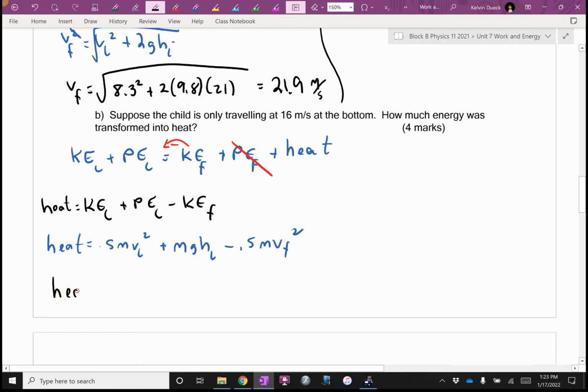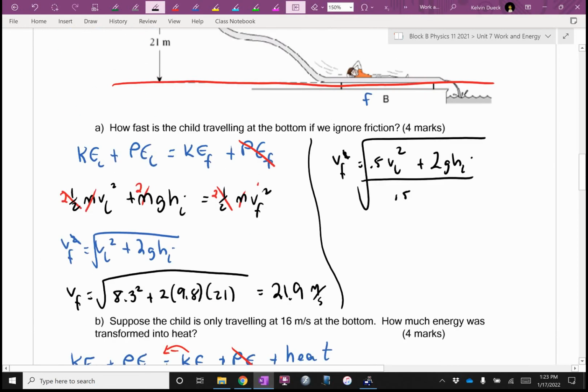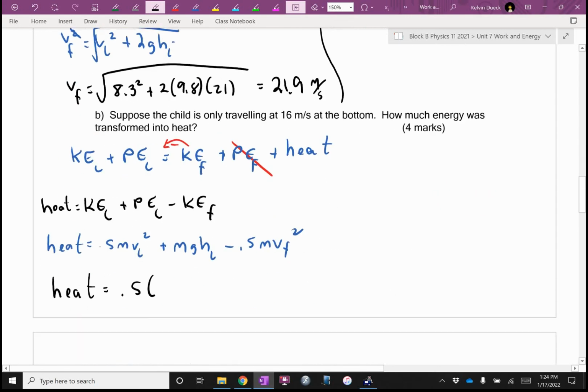Heat is going to be 0.5 times, what was the mass of the kid? 45 times 8.3 squared plus 45 times 9.8 times, what was h initial, 21, minus 0.5 times 45 times 16 squared.